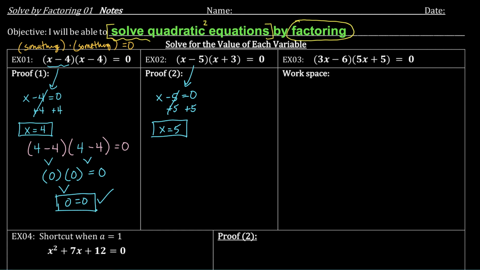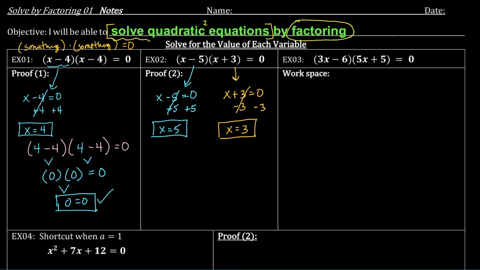But see how that one's different? This x plus 3 is different, so you have to do it with this one too. x plus 3 equals 0. Let's find out what x has to be. And x equals 3. Okay, so x equals 5 and x equals 3.